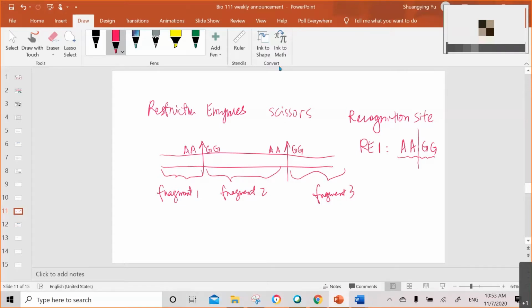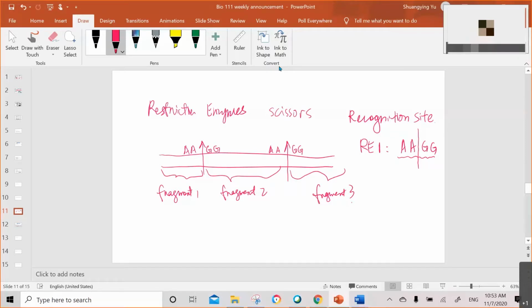For example, the next experiment that you're doing, the gel electrophoresis, uses electrical current to separate fragments with different sizes. And then we can use that to compare DNA samples from different people, right?